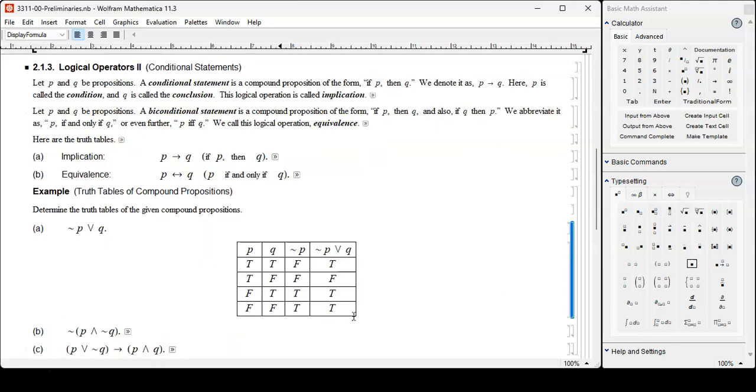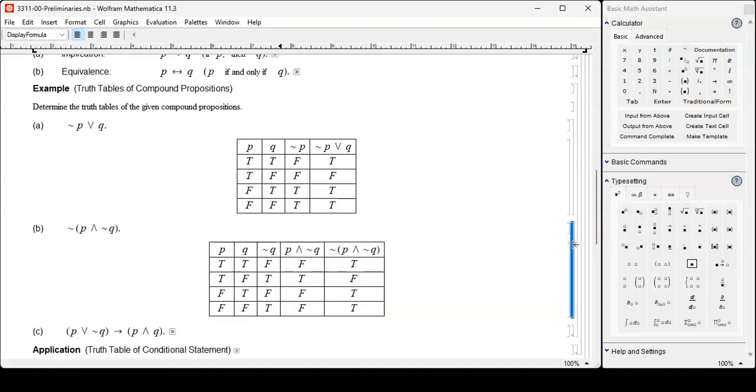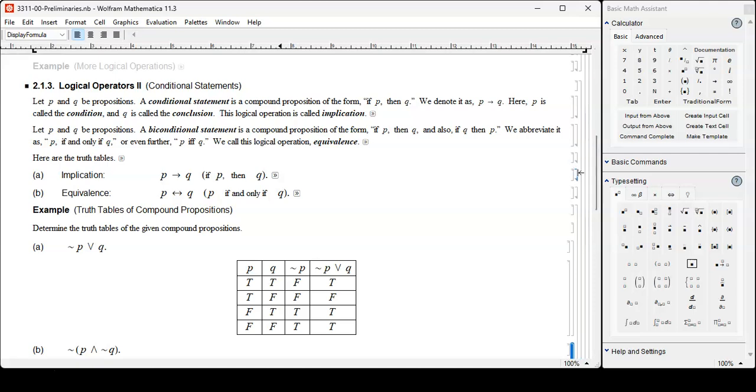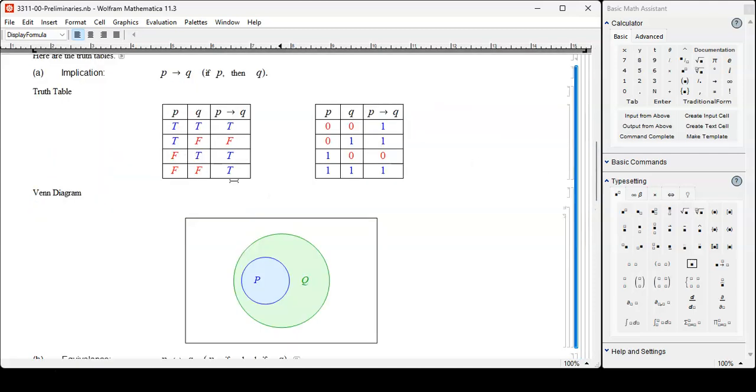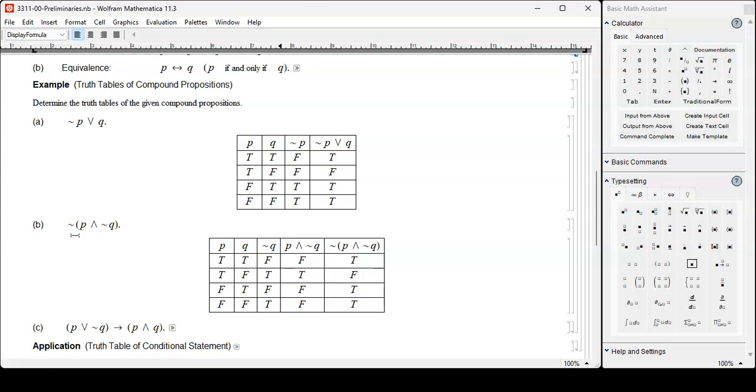Not P or Q, truth table is like this. Or not P and not Q, truth table is like that. They are the same, TFTT, TFTT. And let's go back to this implication, TFTT. Remember, they're all the same. So if P then Q, or not P or Q, they're all the same. This operation, by the way, P and not Q, this is called NAND operation.